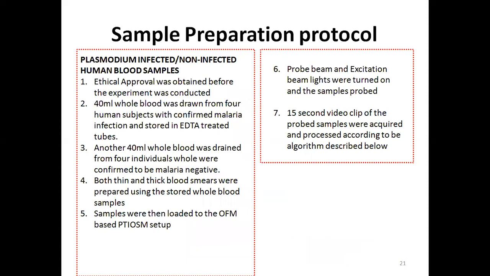So samples were acquired from human subjects upon obtaining ethical clearance. We visited the health centers and requested patients confirmed to be malaria positive to donate some peripheral blood, and also we got some blood from human subjects confirmed to be malaria negative.